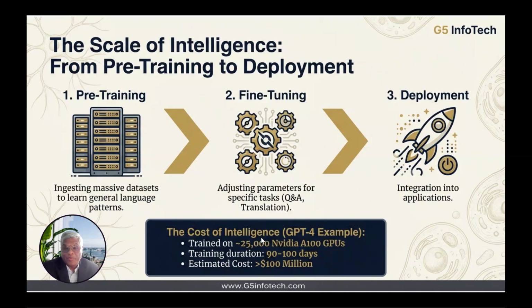This is actually old data on the GPT-4, but the latest models are using upwards of millions of GPUs, and it will take about 3 to 4 months easily to train them. And the cost is going from anywhere from $100 million to $1 billion, and it could even keep going higher. So this is about how the models are trained.